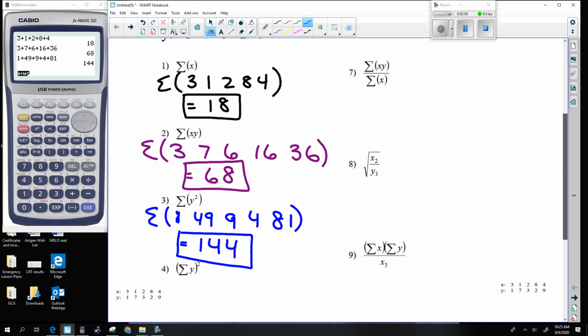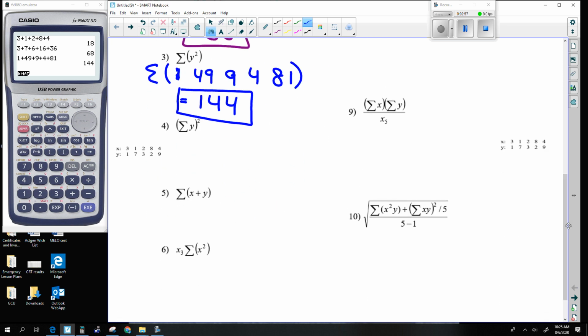Okay, so as I was implying, number 4 is a different problem. So here I need to take the sum of y, squared.